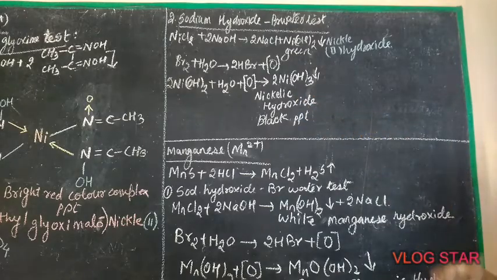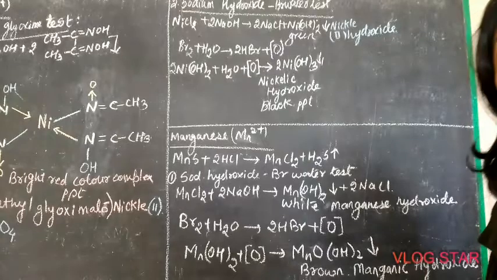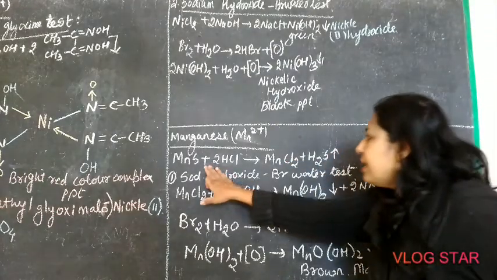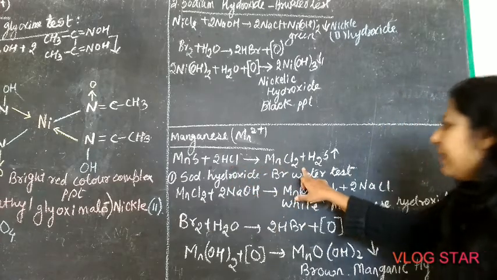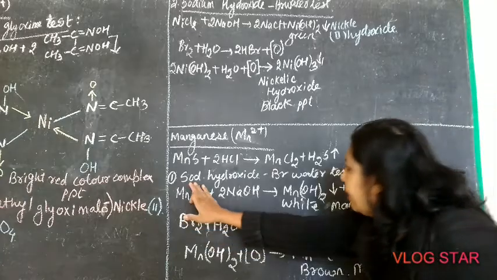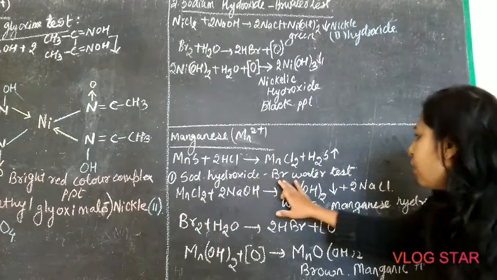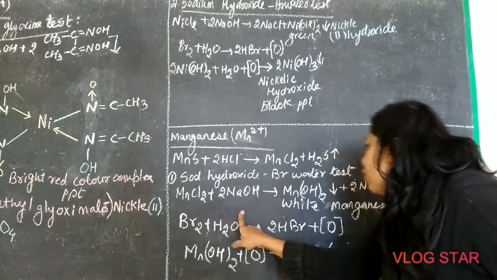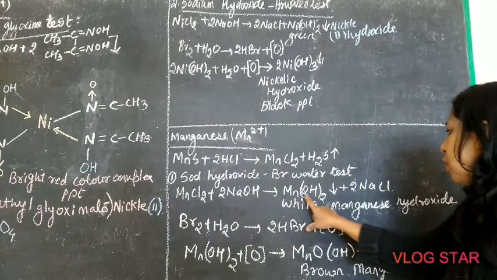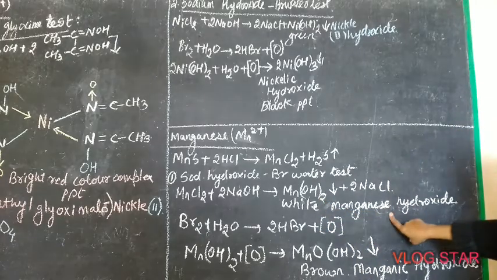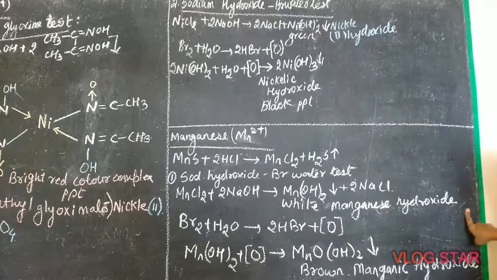Now children, for manganese, we'll see the chemical reaction for manganese. Mn2+ positive. MnS plus 2HCl gives MnCl2 plus H2S. It is boiled off. Then first we'll go for sodium hydroxide bromine water test. Here this MnCl2 plus 2NaOH gives Mn(OH)2, a white PPT of manganese hydroxide, plus 2NaCl.